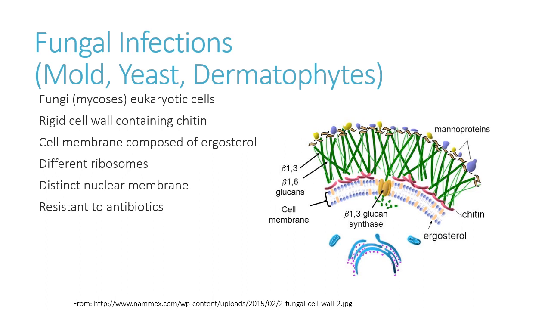Typically, a lot of these drugs are going to be more specifically targeting the cell wall itself, because this tends to be a big component. They have a pretty rigid cell wall that contains chitin, and it's composed of several different components, but one of the big ones is called ergosterol. You're also going to see some of the other things that make the fungus unique, like the different ribosomes, so they'll have different targets there. They have a distinct nuclear membrane that's present there. And again, they tend to be pretty resistant to antibiotics.